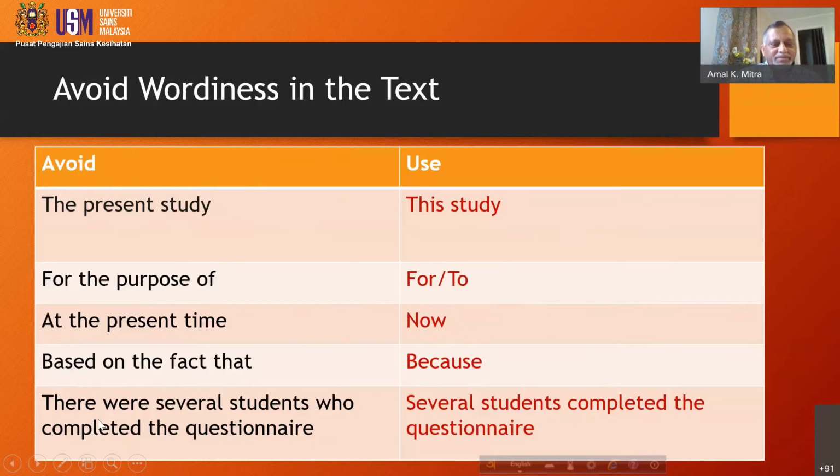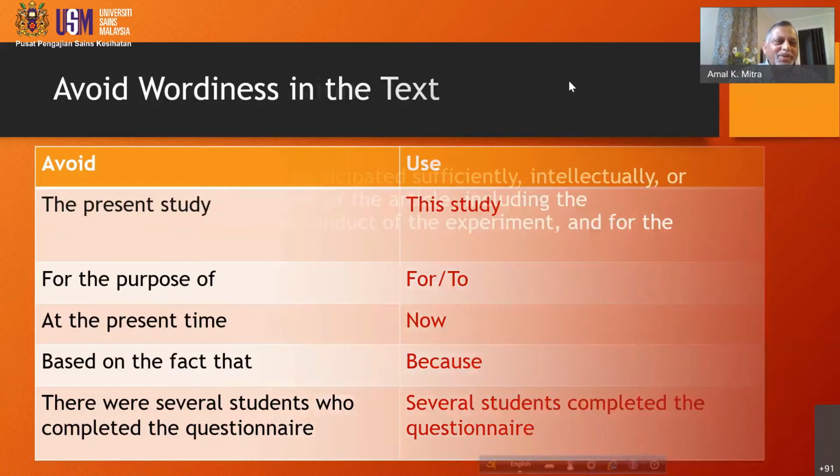Based on the fact that, we can say because. There were several students who completed the questionnaire. You can delete this there were, and say several students completed the questionnaire. Okay.